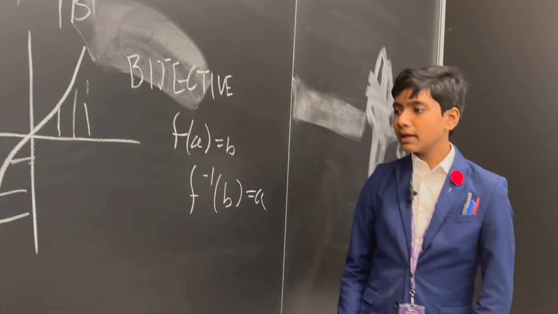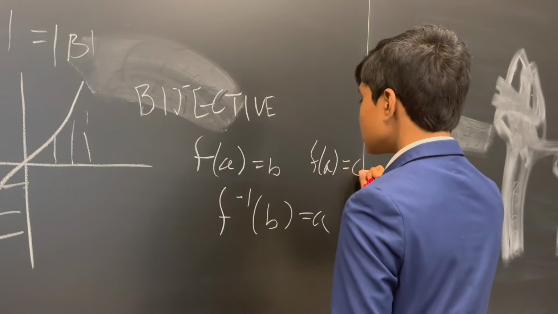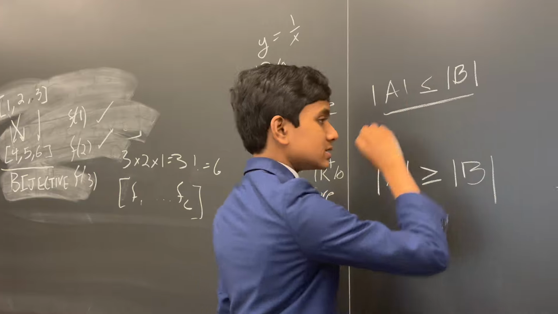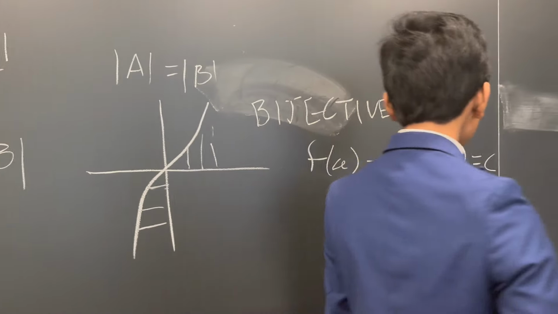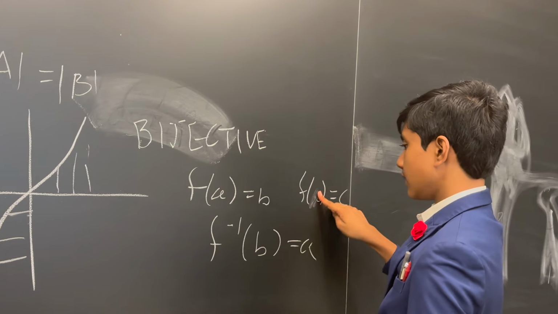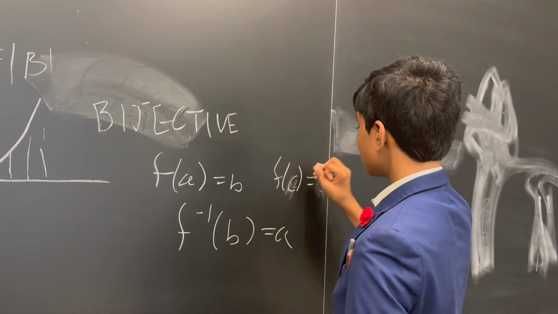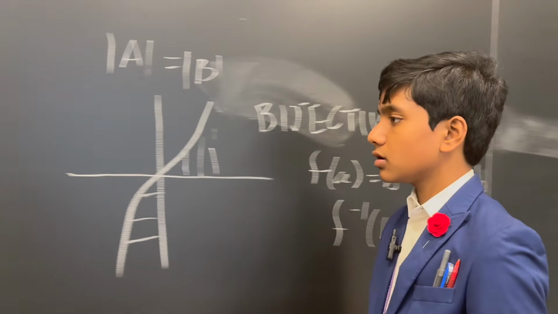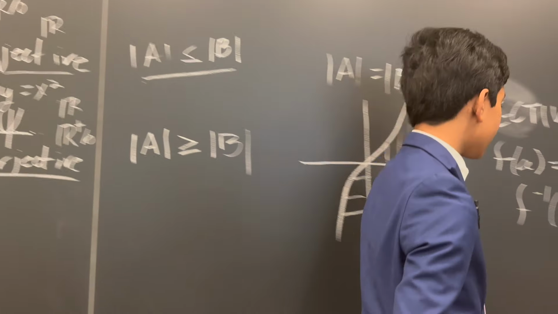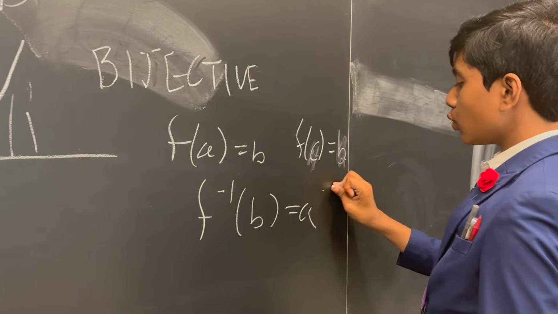But if f of a is b, but f of c is also b, which would make this an injective function, then f minus 1 of b could be a or c.